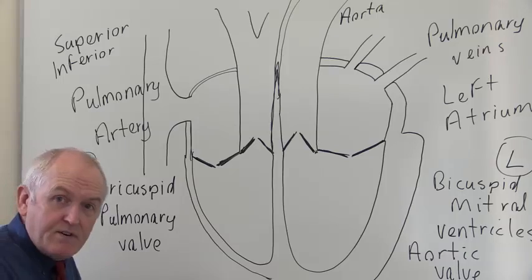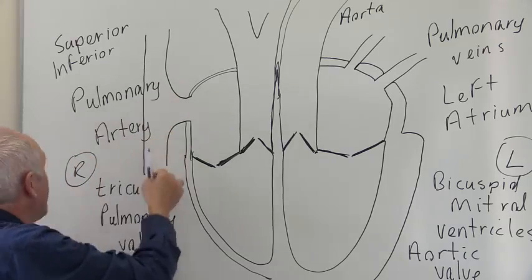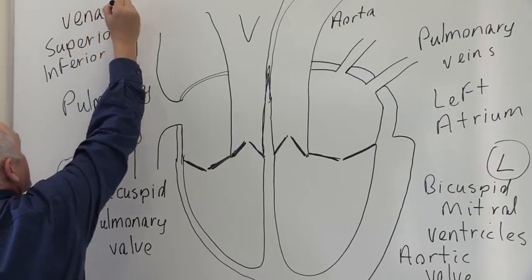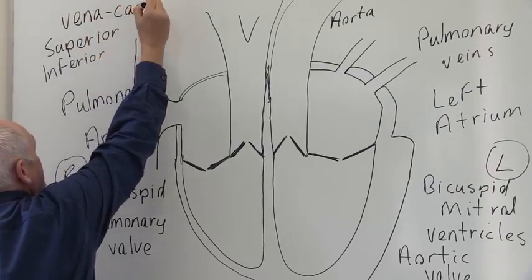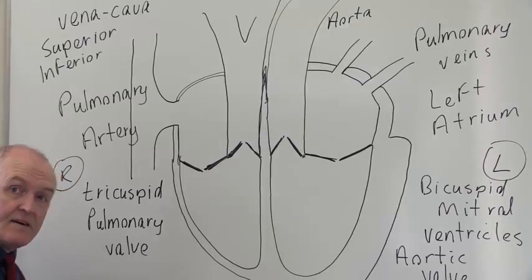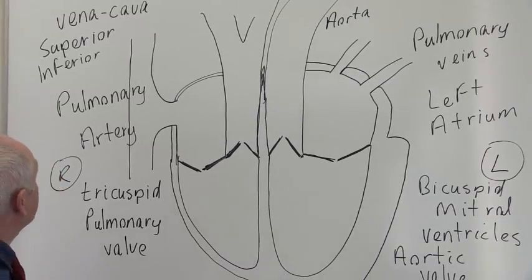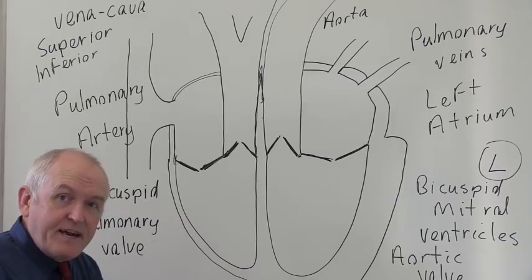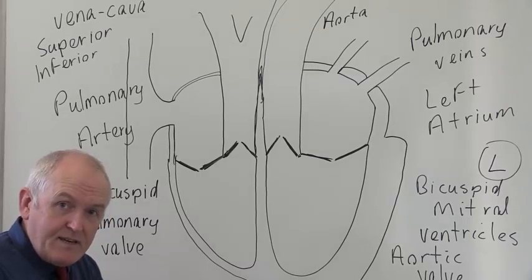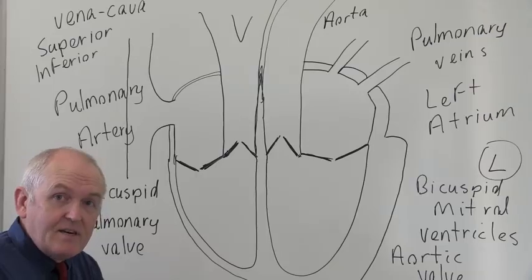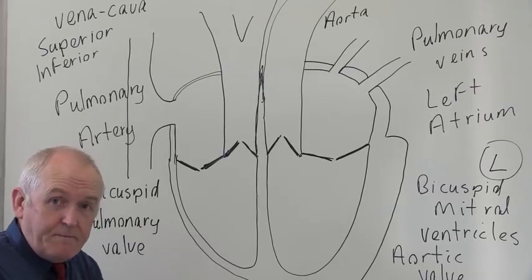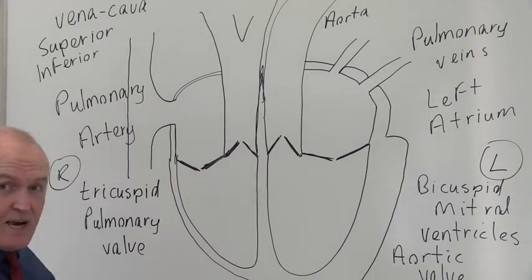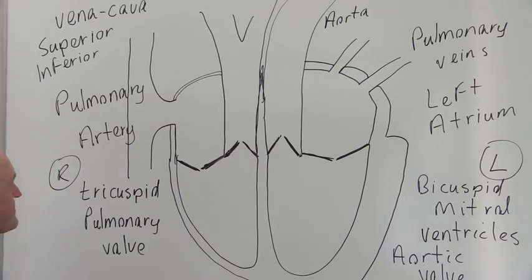And both of these are referred to as the vena cava. So the vena cava is the largest vein in the body. The superior vena cava is draining the top half of the body, and the inferior vena cava is draining the bottom half of the body. Both draining blood into the right atrium.